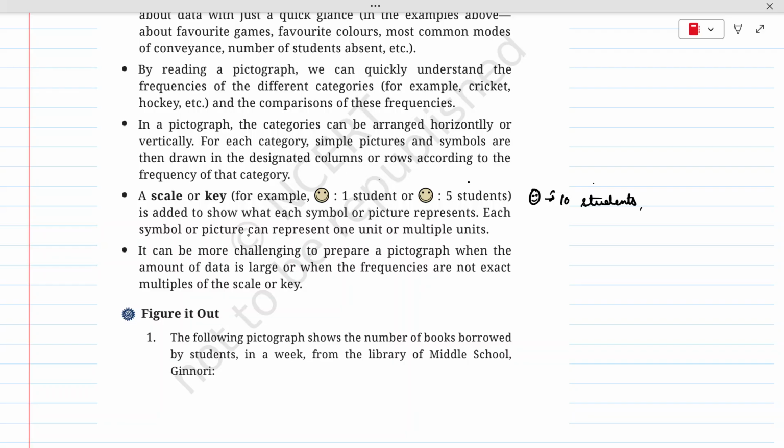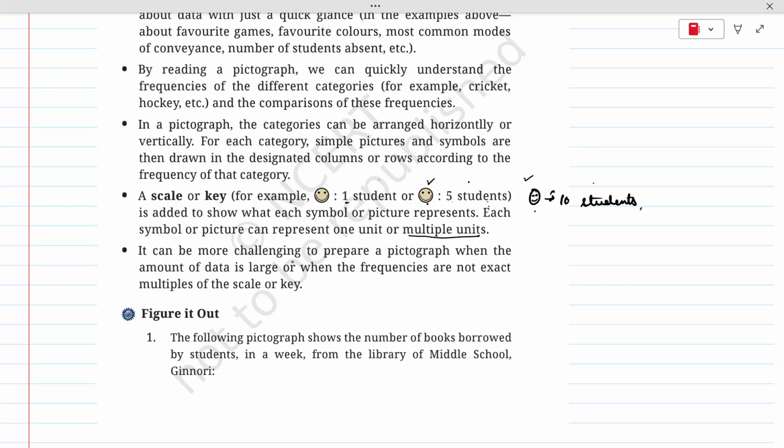Now, each symbol or picture can represent one unit or multiple units. Here this symbol was representing one unit, whereas in these two cases, this one symbol, that is one smiley, was representing multiple units. It was representing 5 units, that is 5 students, and here it was representing 10 units, that is 10 students.